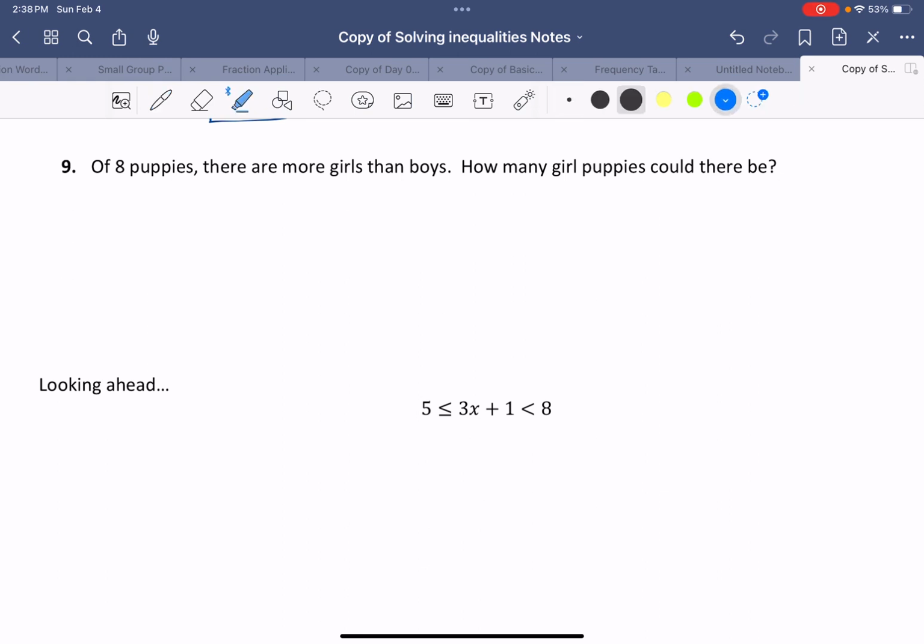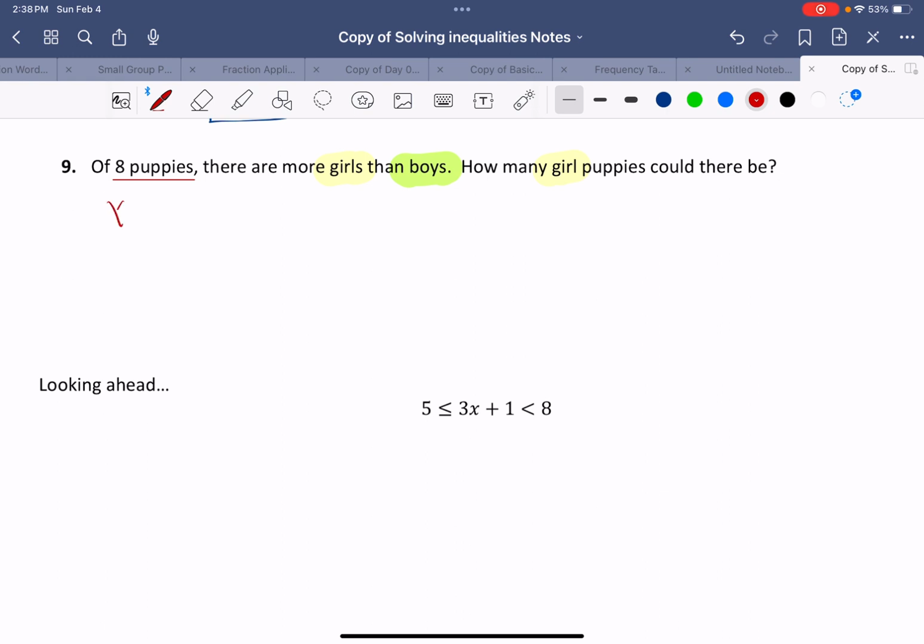So I'm looking at this and I go, oh, okay, we have girls, we have boys. And the question is asking how many girl puppies could there be, okay? And in total, we have 8 puppies. So how can we create an inequality with this? Well, in my brain, I go, okay, well, let's see.